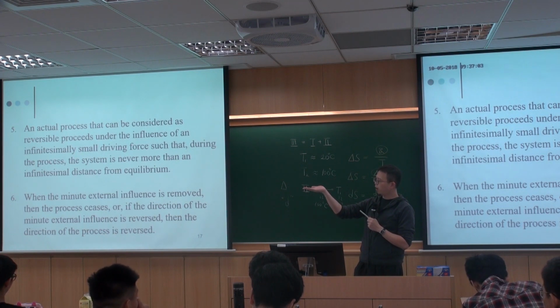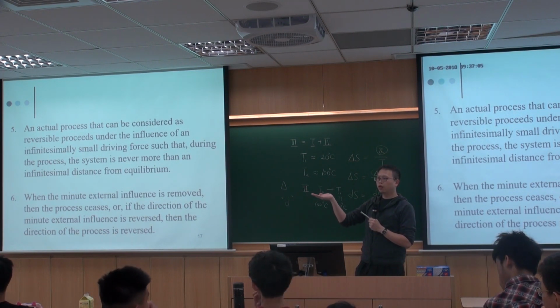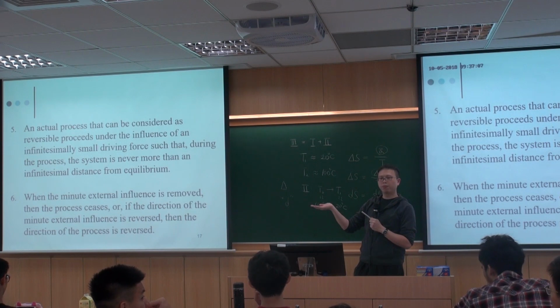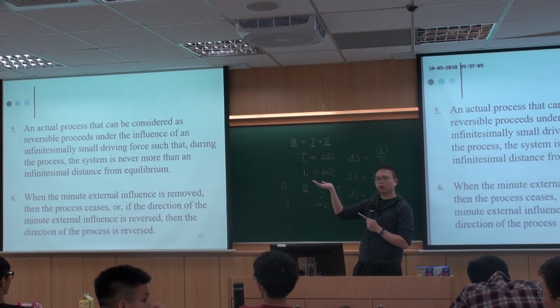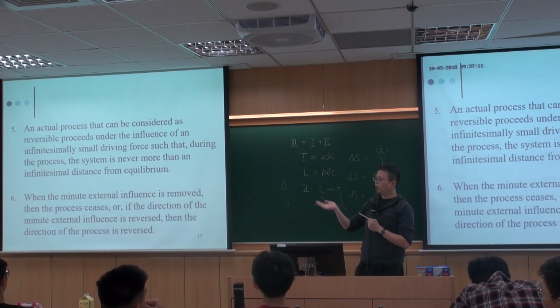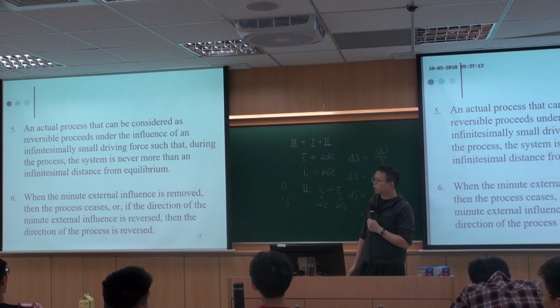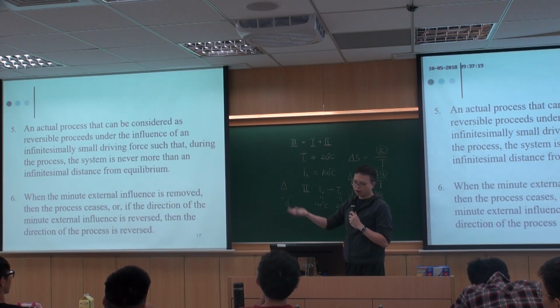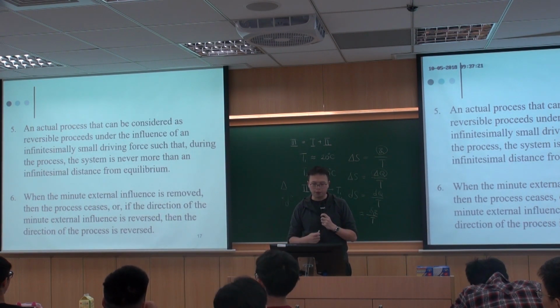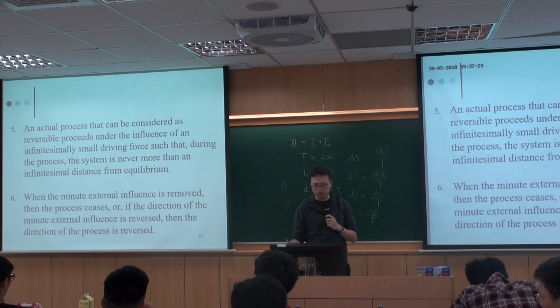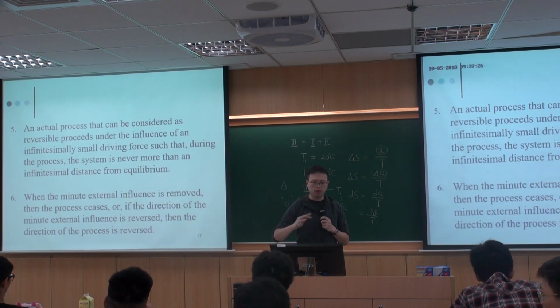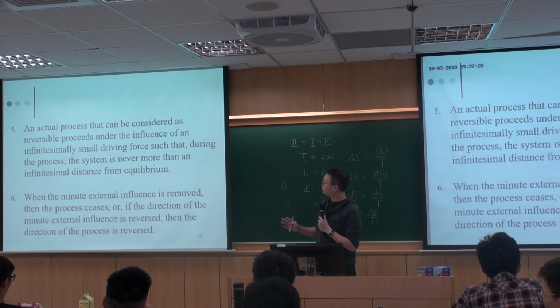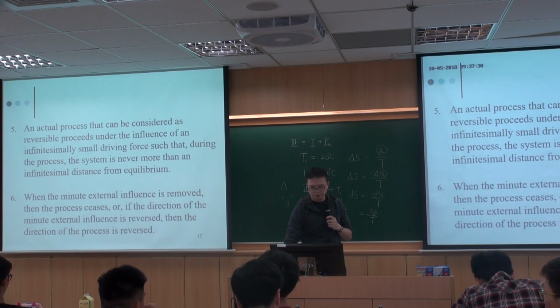However, if you keep your hand always underneath the weight, then at any moment you can push the weight back to its original position. Therefore, this is a reversible process. However, if you just release it, it will just drop, and you cannot move it back, right? So then it's an irreversible process. The distinction between these two is very clear.